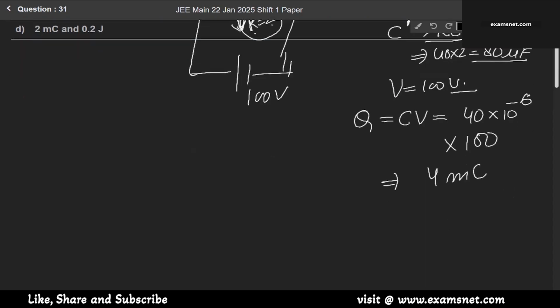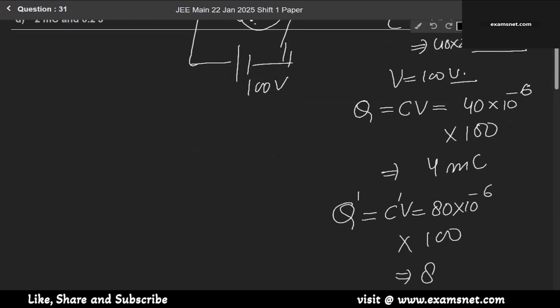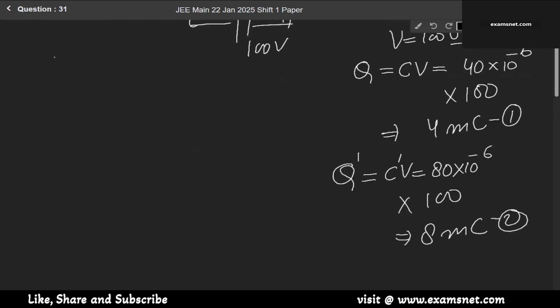After that, when we introduce the dielectric material, the charge will become C dash into V. It means 80 into 10 to the power minus 6 into 100. So it will become 8 millicoulomb. Let us say this is first, this is second. So at first Q is 4 millicoulomb, and after the insertion of the dielectric material, the charge becomes 8 millicoulomb.